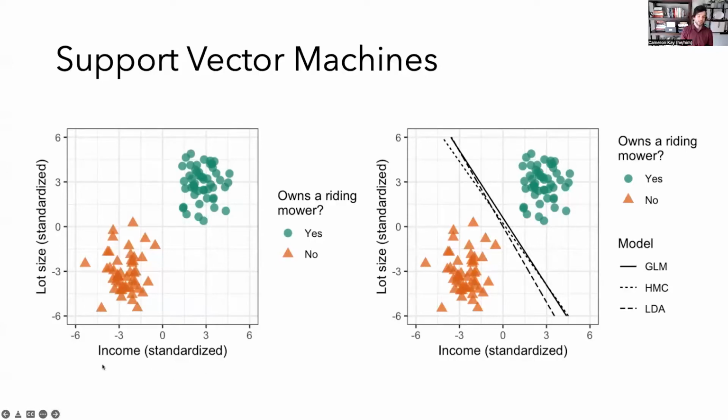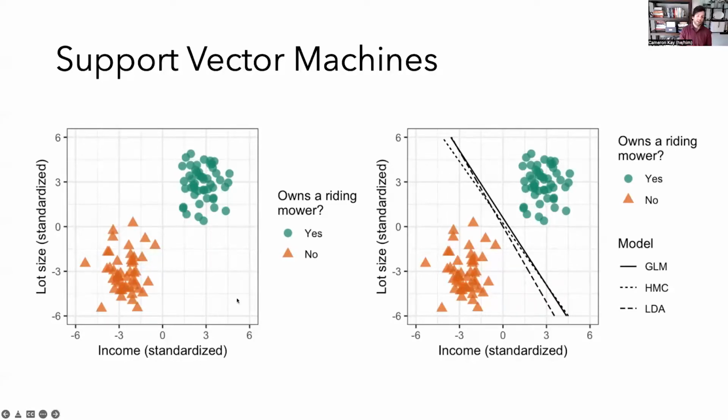Income goes up as we move right, and lot sizes get larger as we move up. We can use that information to predict whether someone owns a riding lawnmower, for example.